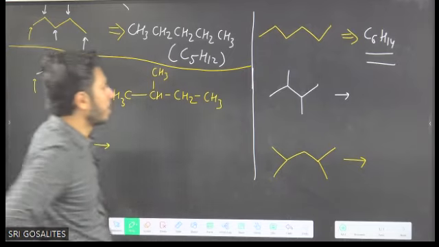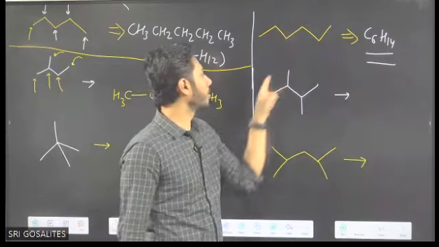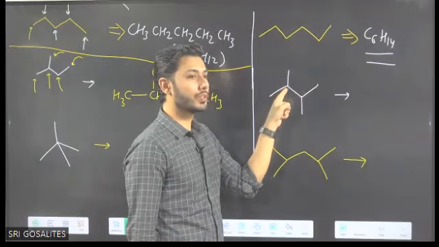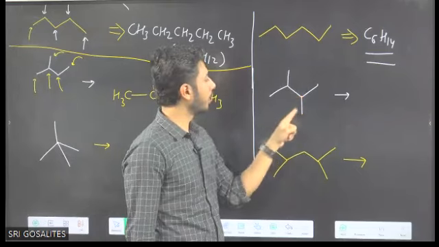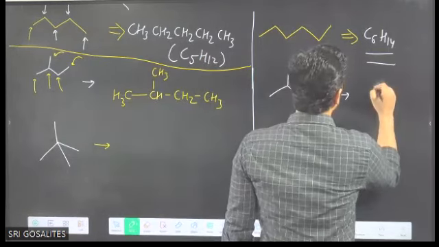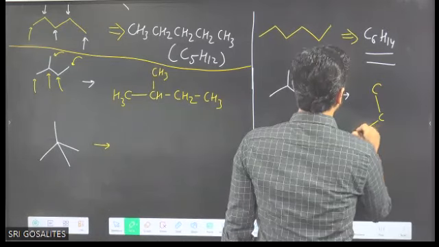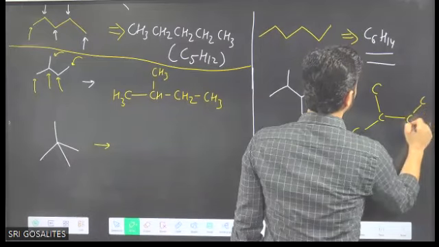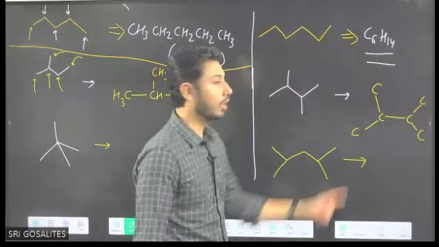ठीक है, I'm writing the answer. Check. Each beginning starting point CH3, CH3, CH carbon here, another carbon, total 6 carbons. I am writing them. Check your answer. Valency can be completed with hydrogens also.